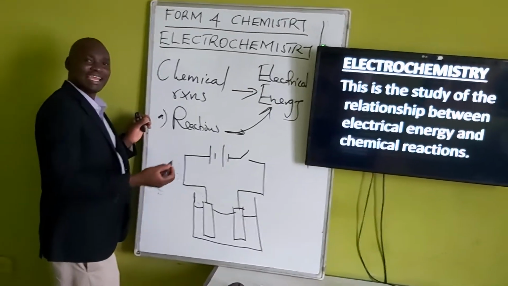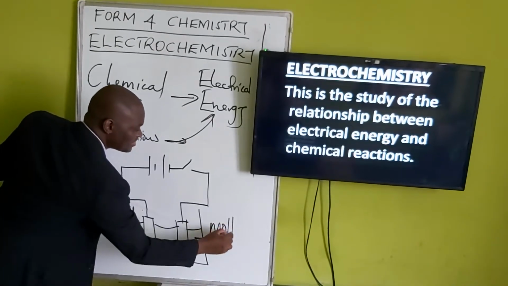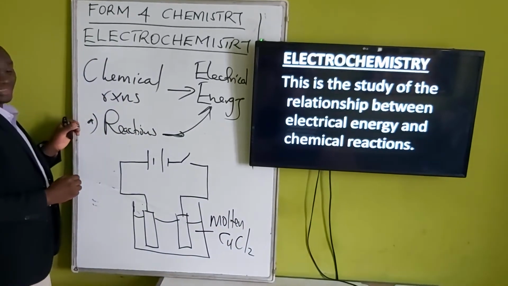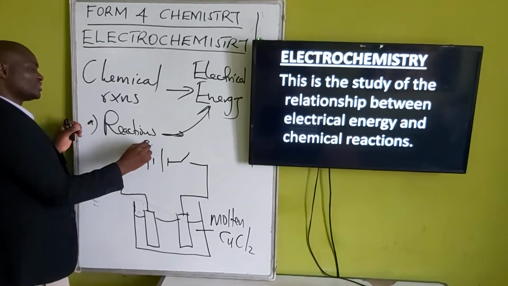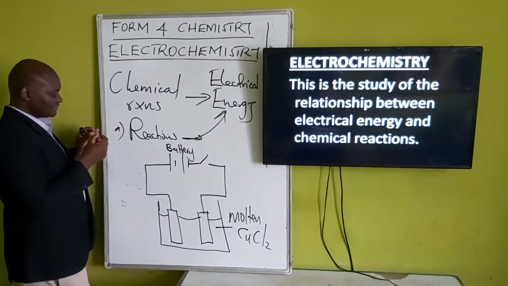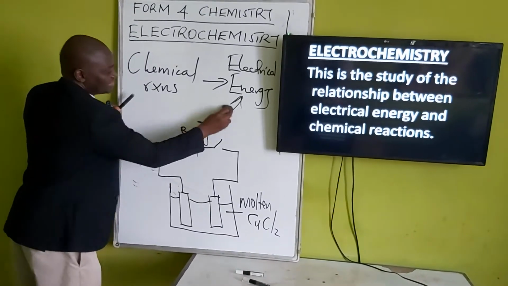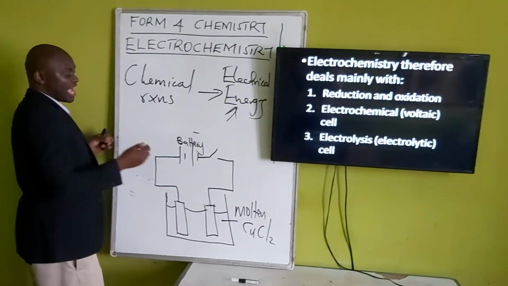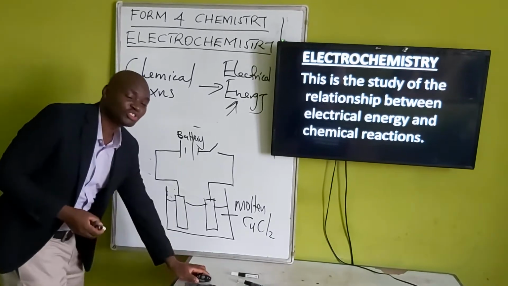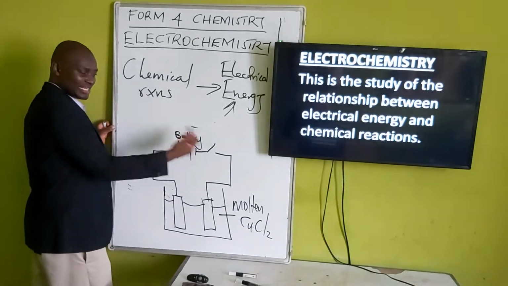For example, let us say electrolysis of molten copper 2 chloride. This is our source of electric current, which is the battery. This battery gives out electric current.